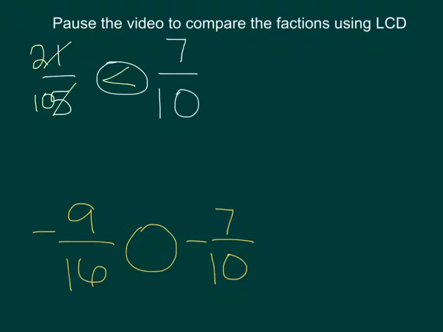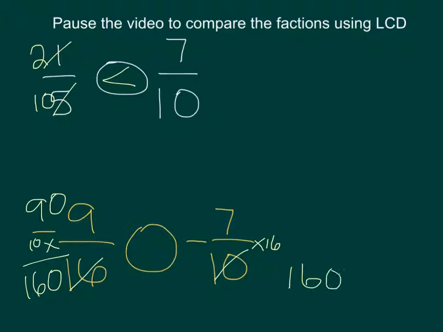The next example is 9/16 and 7/10. Sometimes when we have fractions, we also cannot just find a multiple between them because they may not have anything in common. But you can very easily just multiply them by each other. So if we multiply this side by 10, we have 160 in the bottom and 90 in the top. If we multiply this side by 16, we have 160 in the bottom and we have 112 at the top.